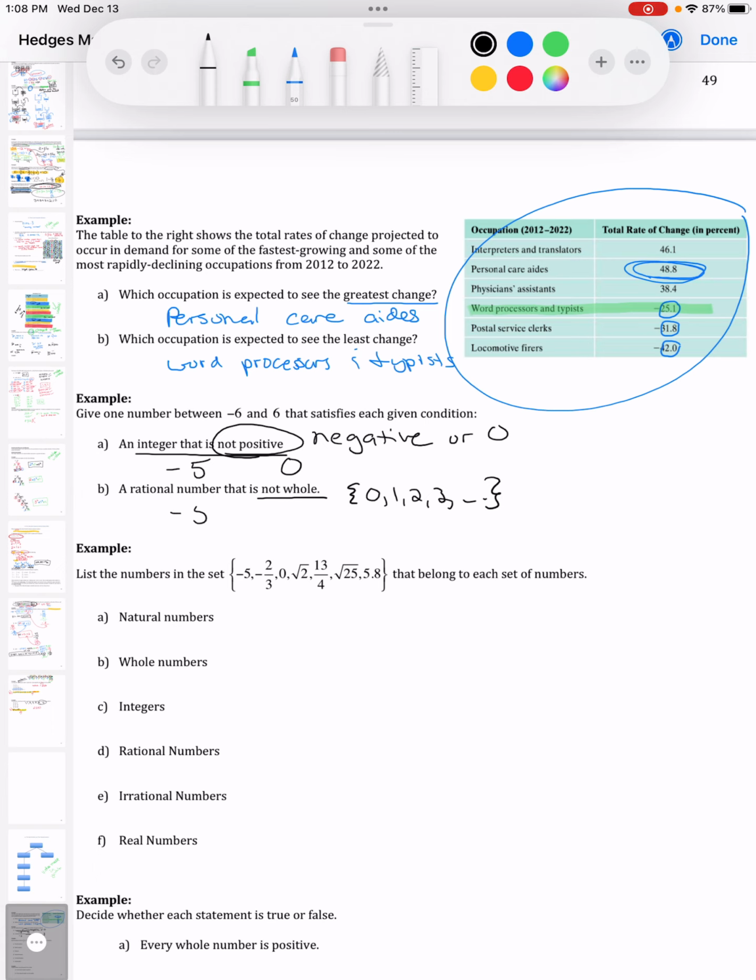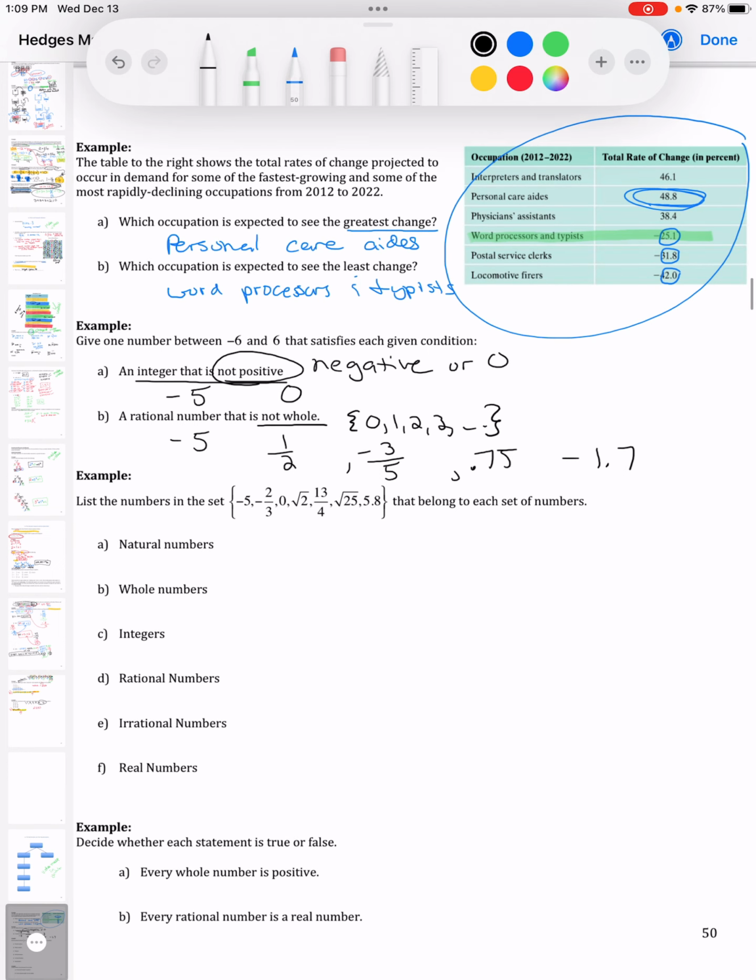So again, we could use -5. Any fraction, whether positive or negative, or some decimals, which could also be positive or negative. So lots and lots of possible answers.